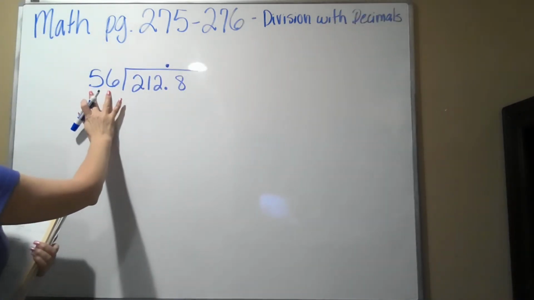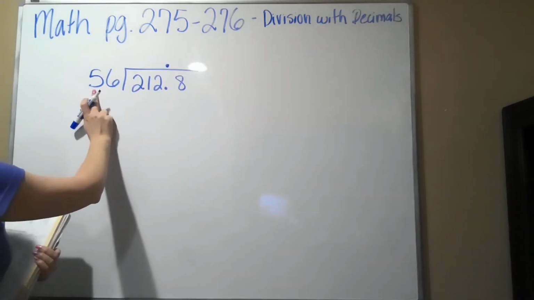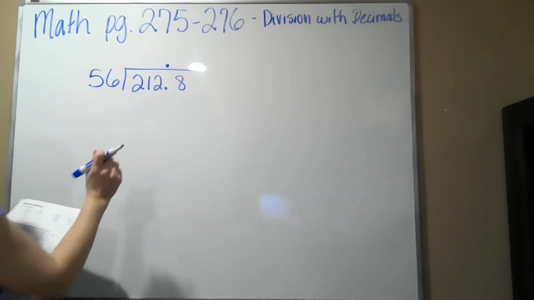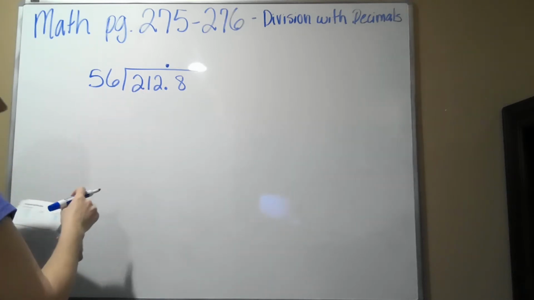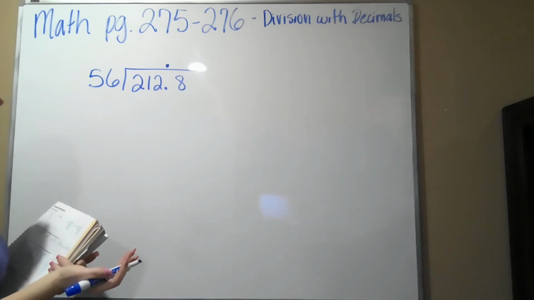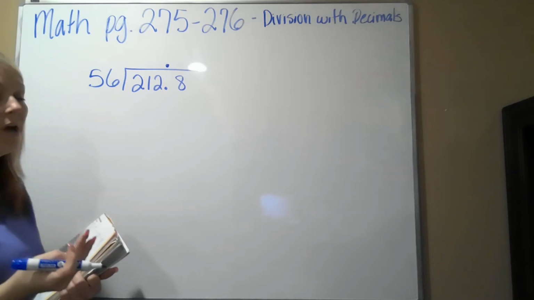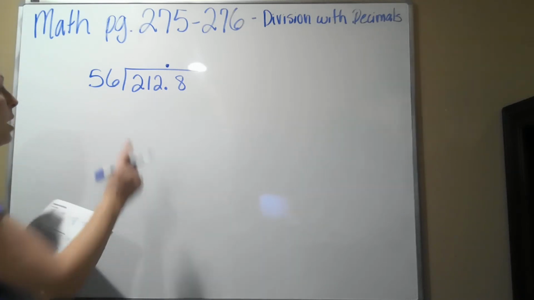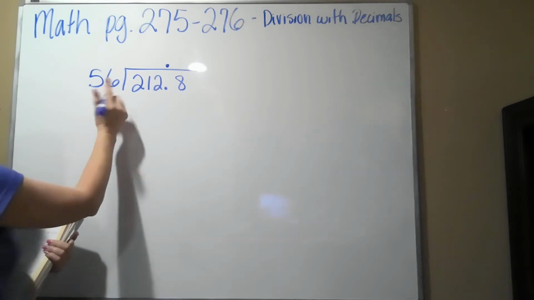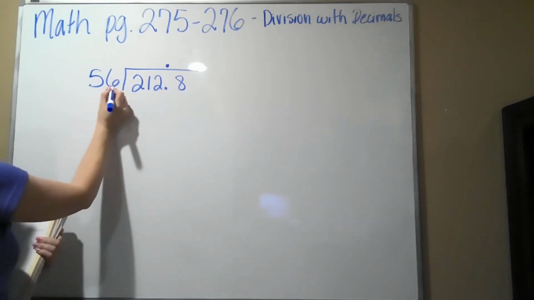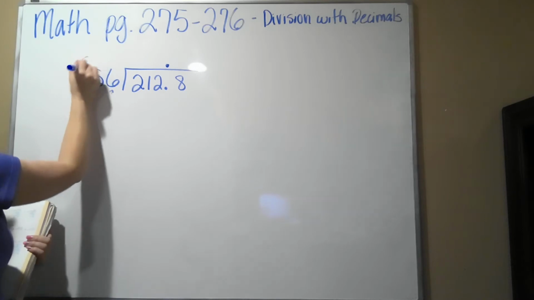So we would figure out how many times 5 goes into 21, and we would say that 5 goes into 21 4 times. We know that goes in for 20, but remember this is a 6, so we actually have to round this up to a 6.